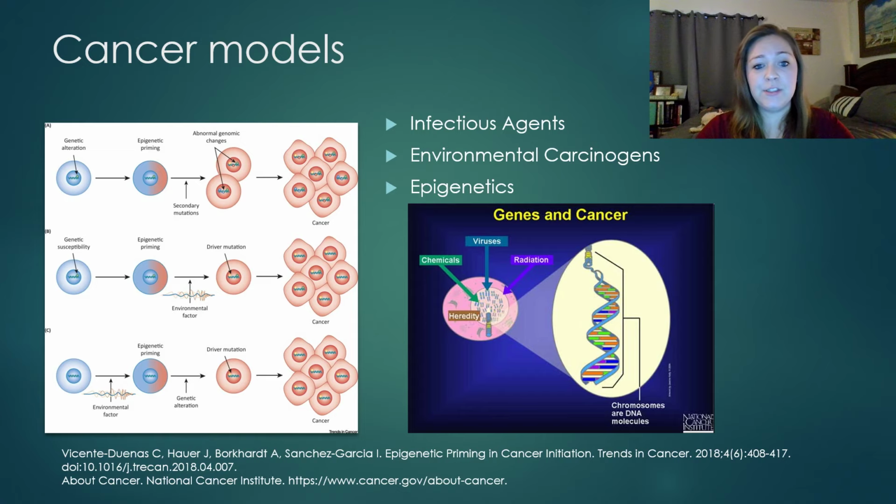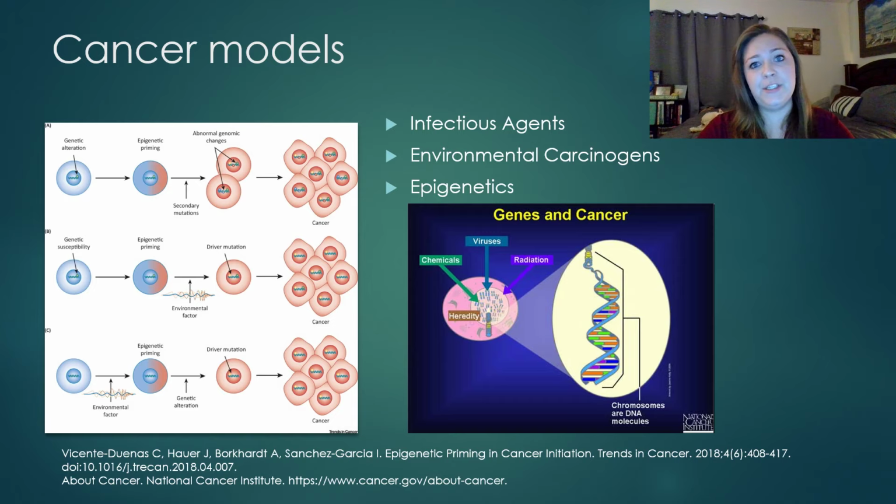Environmental carcinogens are just carcinogens and mutagens that cause cancer. And lastly, for this slide is epigenetics. So basically, abnormal cell differentiation, potentially in development, that leads to tumor progression.